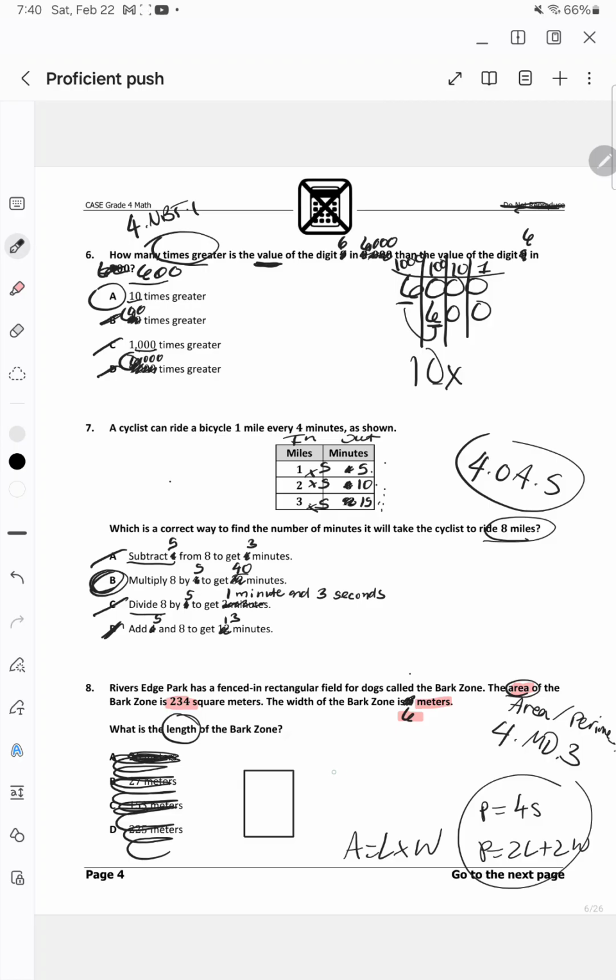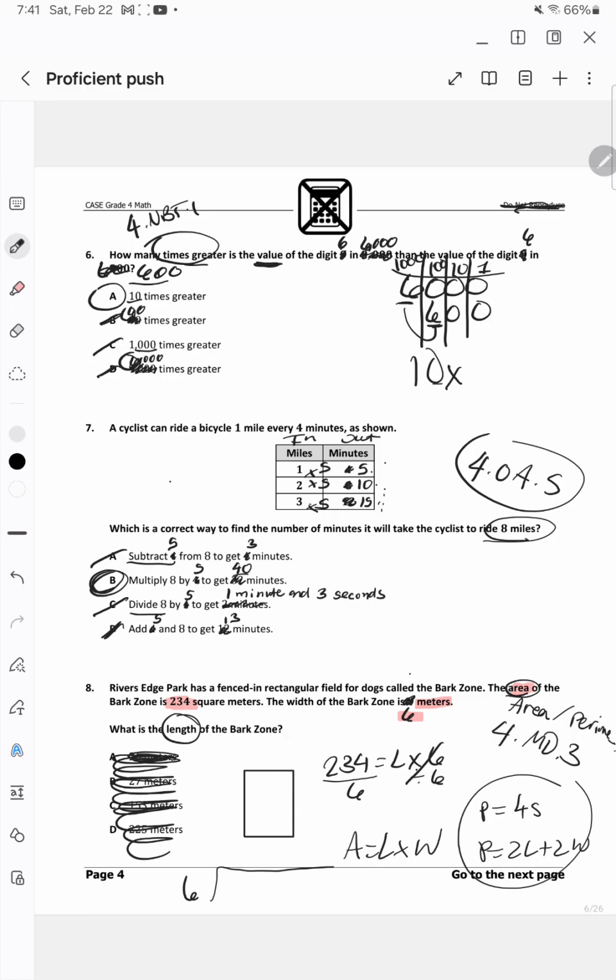So we have to divide, because we have our area, which is 234, which is equal to your length. We don't know, so we'll leave it as length times your width, which is 6. We have to do the inverse operation, which means we got to divide by 6. So let's do our long division.